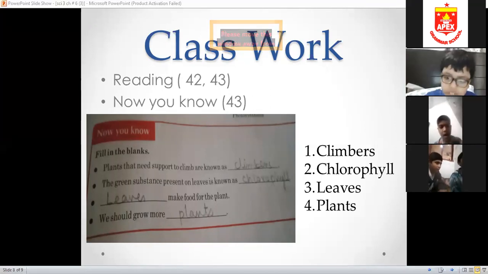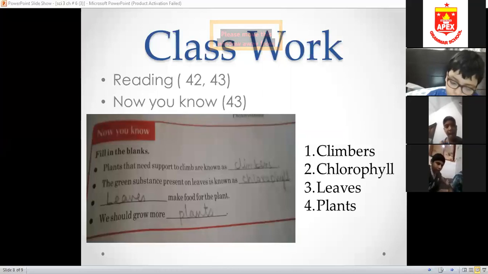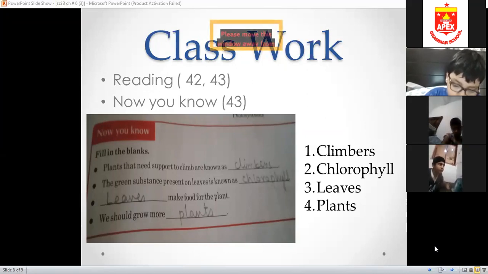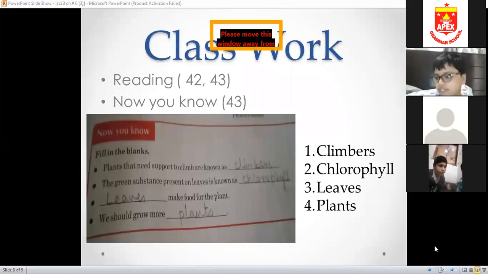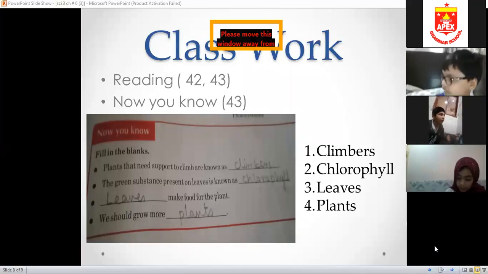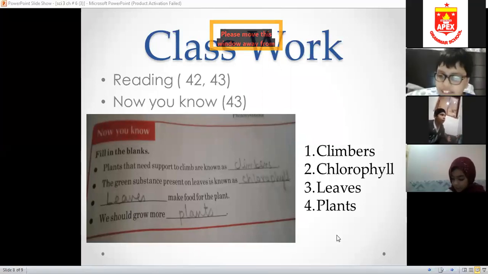Shajiha, kindly unmute yourself. Importance of leaf.